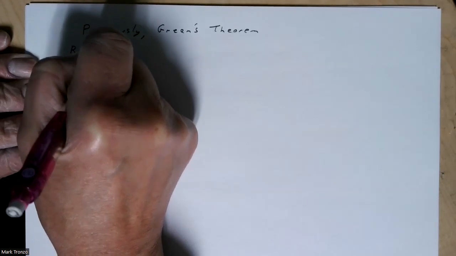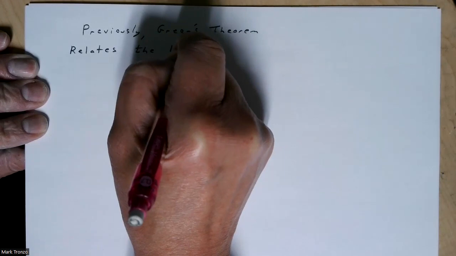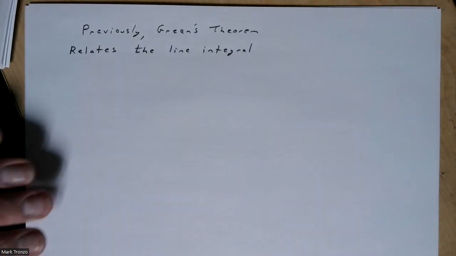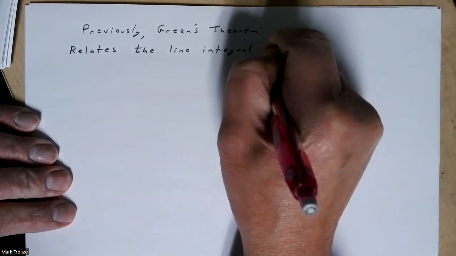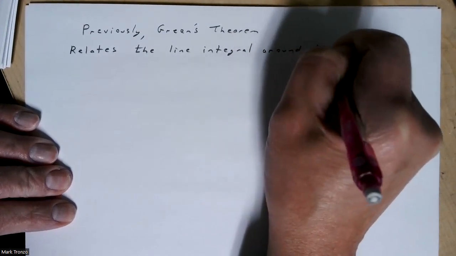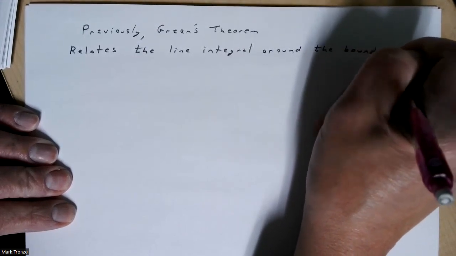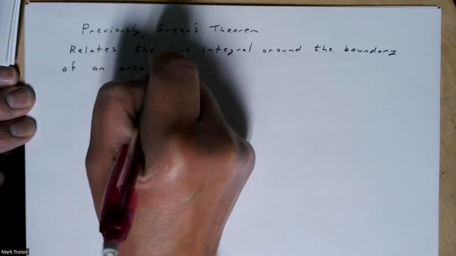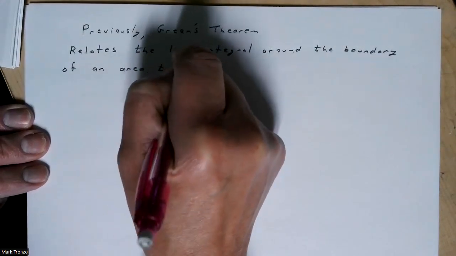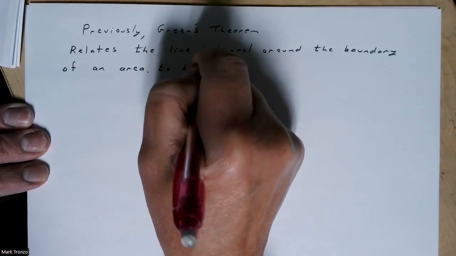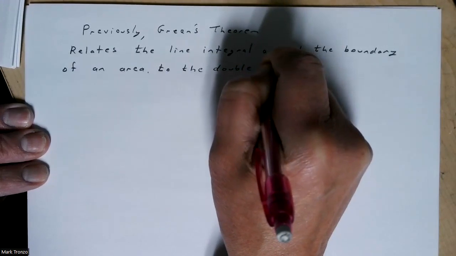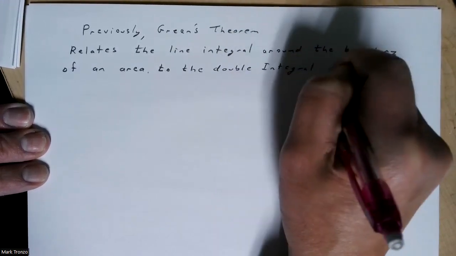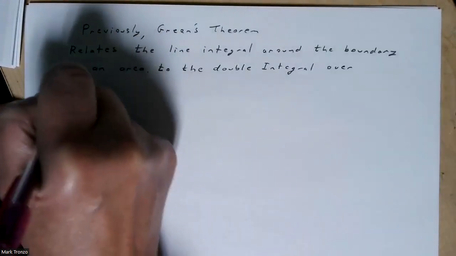And we said that that relates to the line integral, say around the boundary of an area, to the double integral over the area itself.